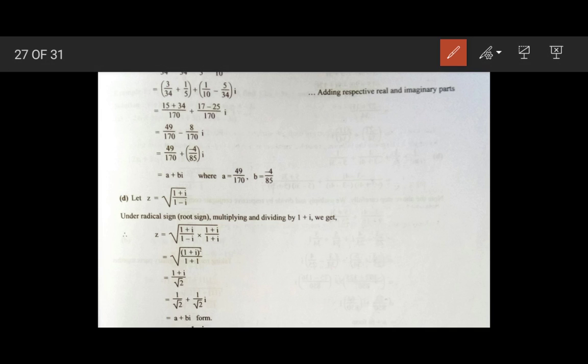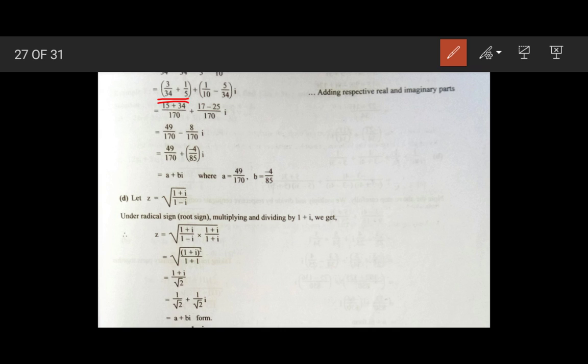Then 4 plus 2i upon 16 plus 4 is 20. So now this can be written as 3 upon 34 minus 5 upon 34i plus 1 upon 5 plus 1 upon 10i.